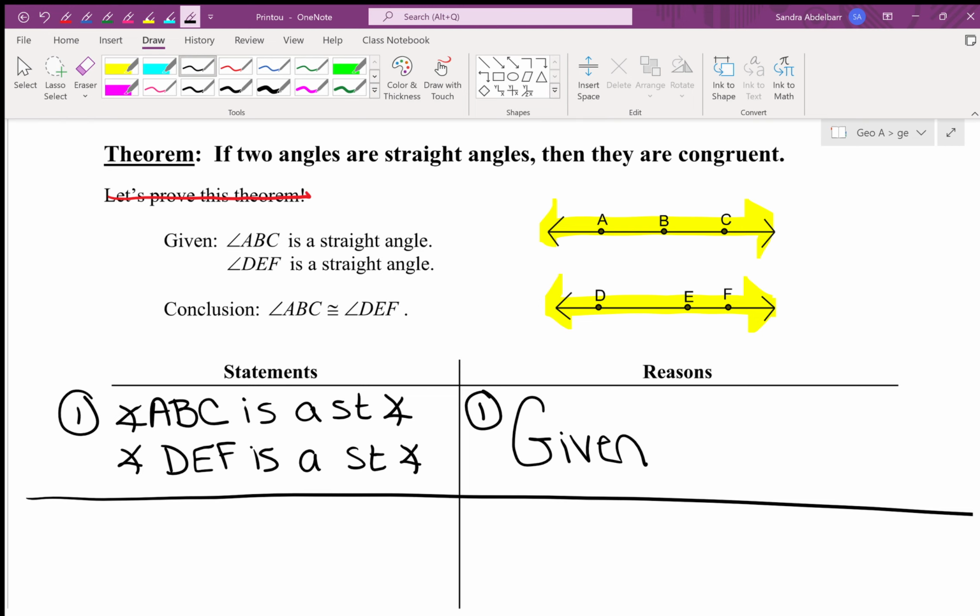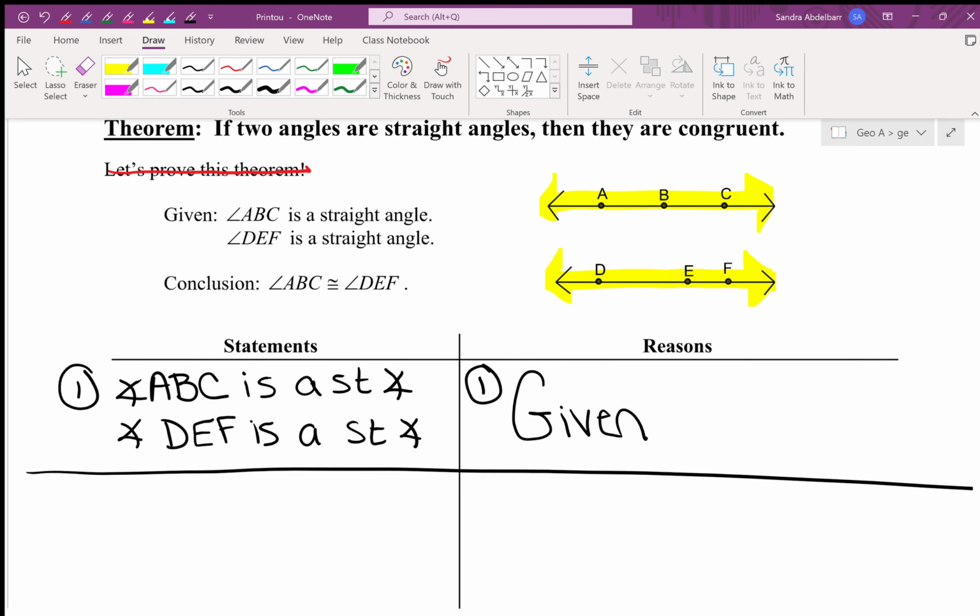Okay, we want to prove these two angles are congruent. Well, these two angles are represented as straight angles. Do we have a theorem that talks about straight angles? Yeah, what does the theorem say? Adam? If two angles are straight angles, then they are congruent. Did we tell the reader that we have two straight angles?